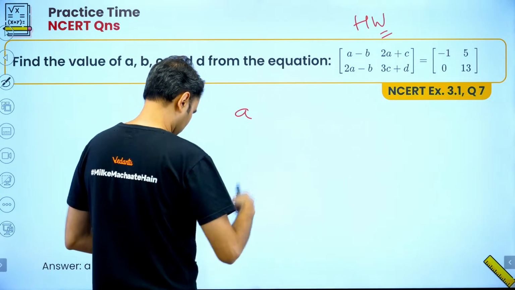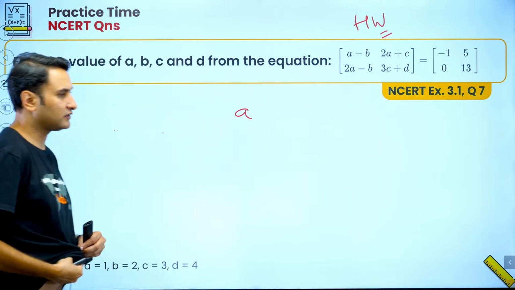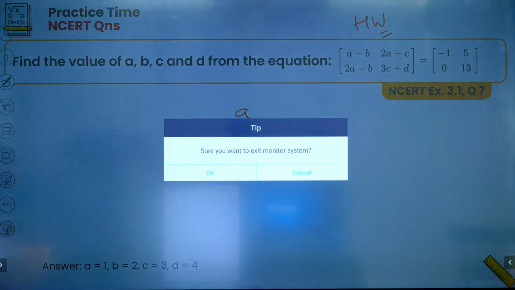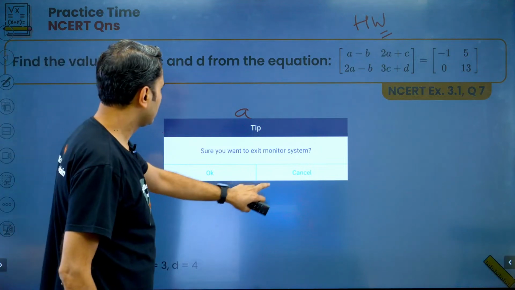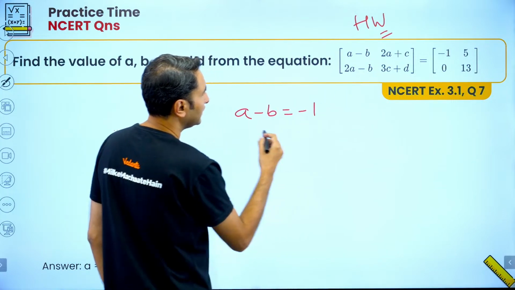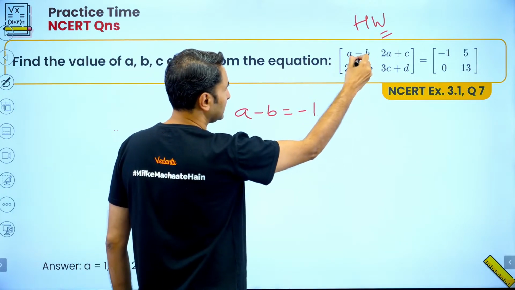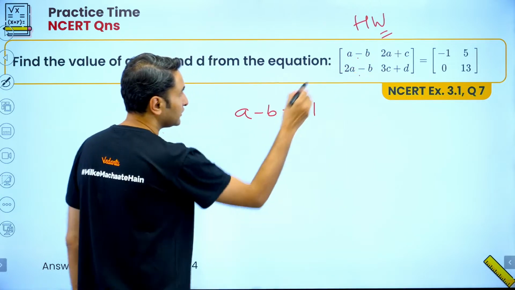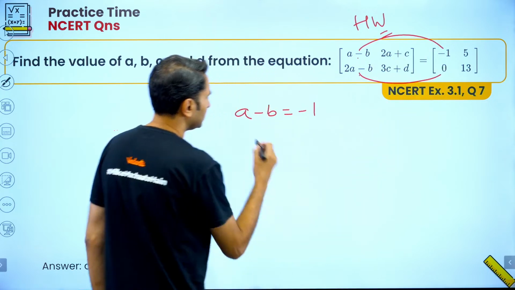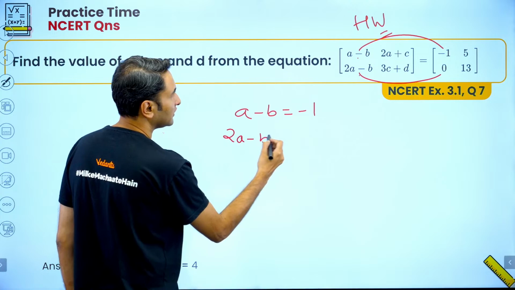So a minus, just a minute, light went off. Yeah, so a minus b is equal to -1, and I'm using this and this equation to calculate a and b. So a minus b is equal to -1 using this one and using this one, 2a minus b is equal to 0.